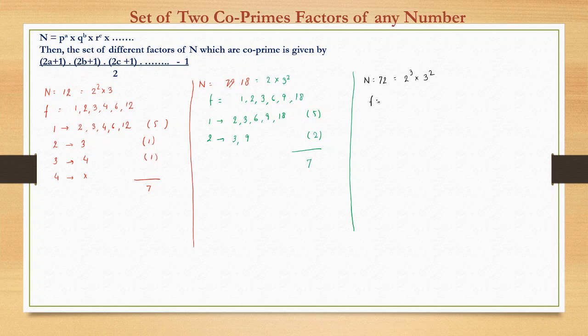Here there will actually be many factors. We can see that it will be 1, 2, 3, 4, 6, 8, 9, 12, 18, 24, 36 and 72.